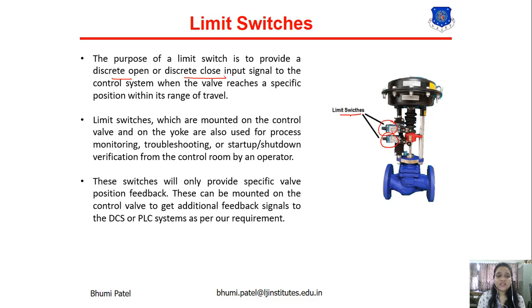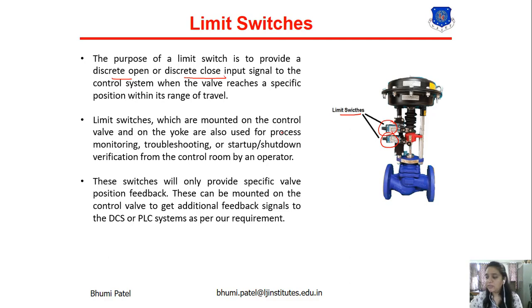This switch will only provide specific valve position feedback. It can be mounted on the control valve to get an additional feedback signal to the DCS or PLC system as per our requirement.